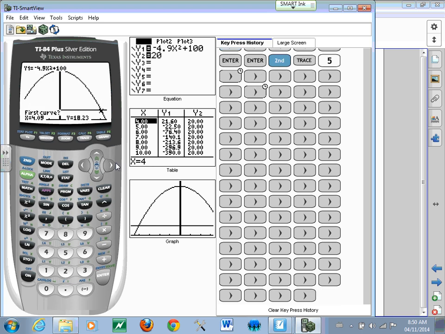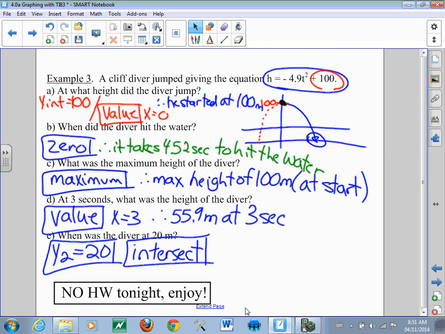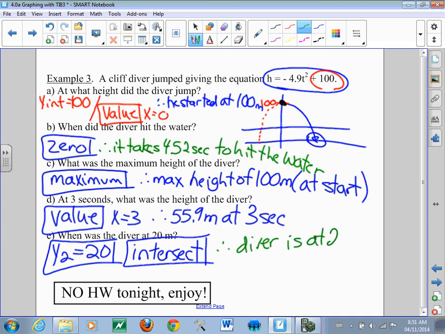That'll help me. Okay, now I press enter, guess. Okay, so the intersection point there is 4.04. So, going back to our note to finish off, therefore, diver is at 20 meters at 4.04 seconds.